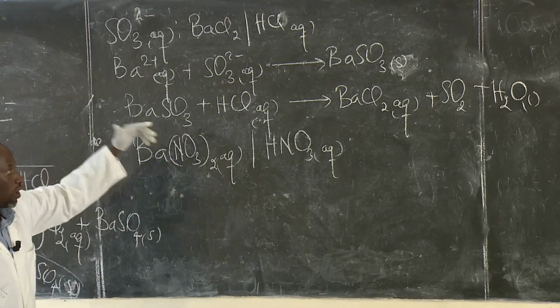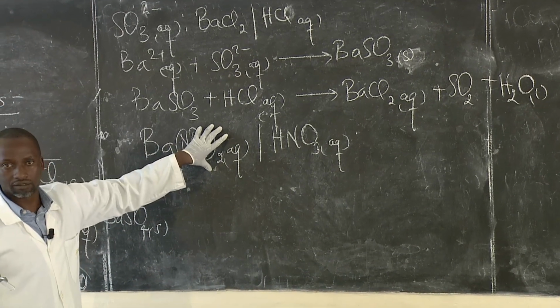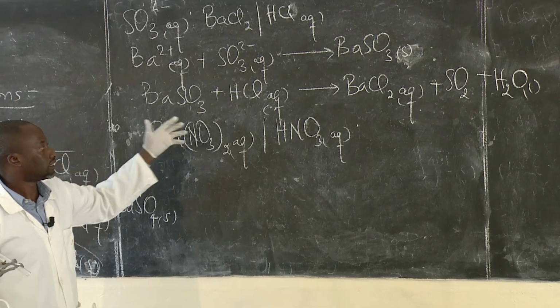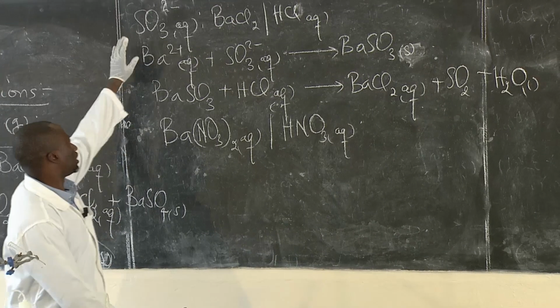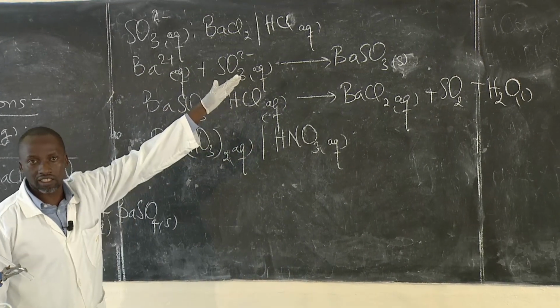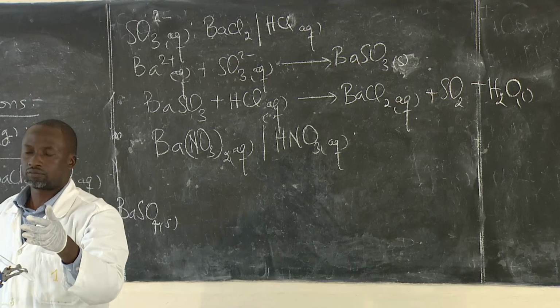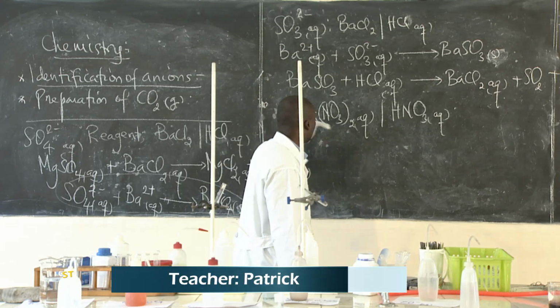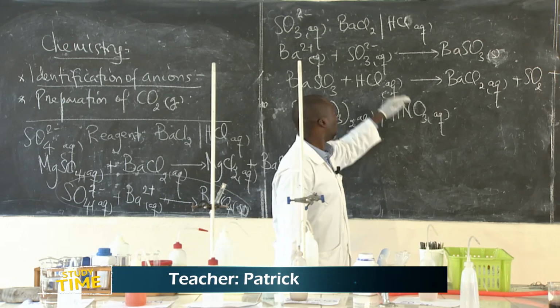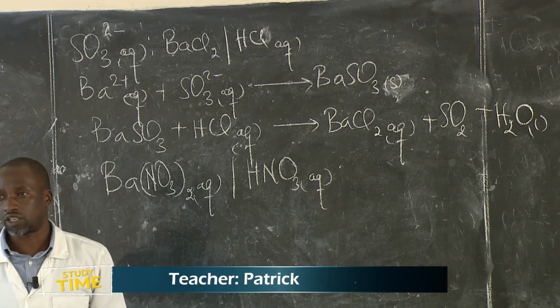These reagents can be used in the same way as we used barium chloride and HCl. The same observations will be made when we use barium nitrate and nitric acid. We will still get the same observation.